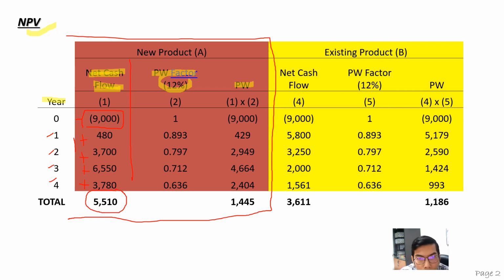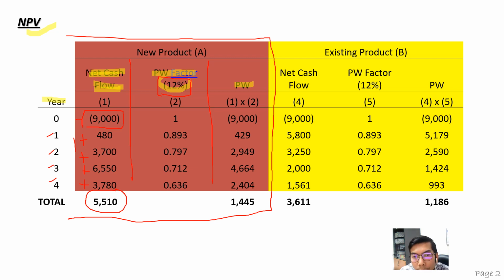The next column is to identify the PW factor at 12%. Remember, in future I attach the reference table of present value of £1. In that table you can see the present worth factor percentage up until 40%, and years, if I'm not mistaken, until 60 years.